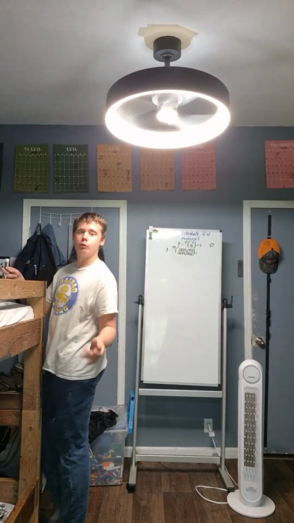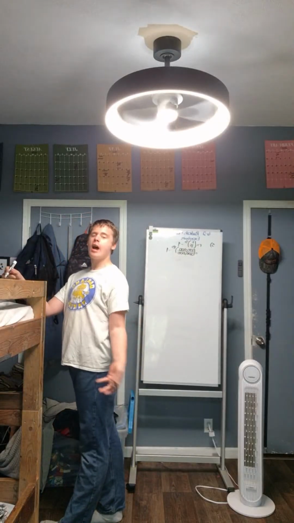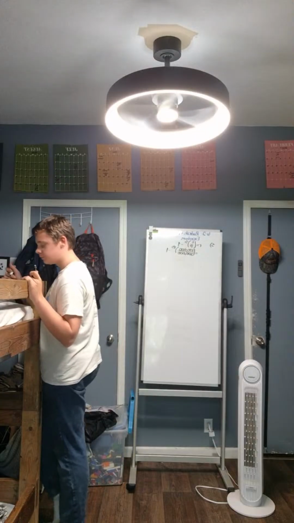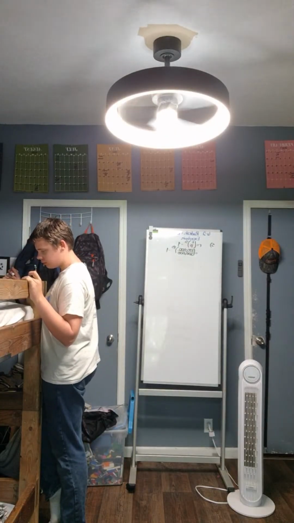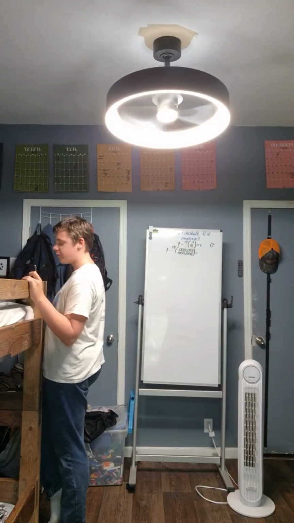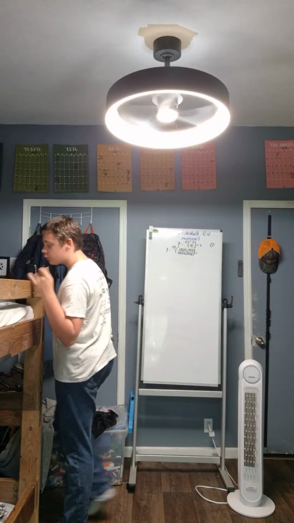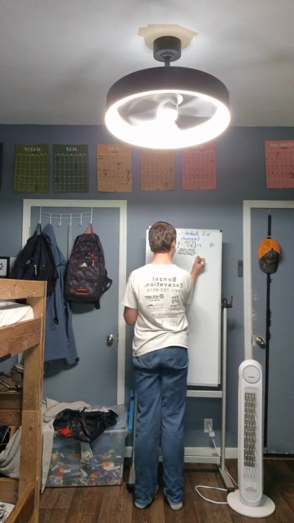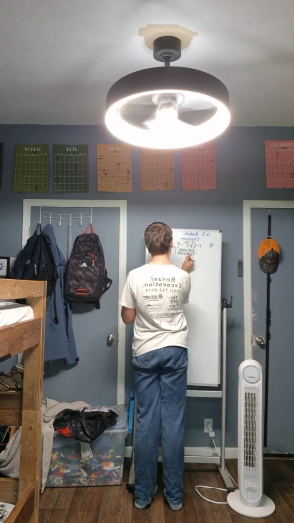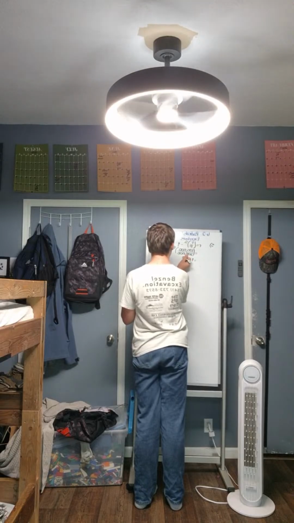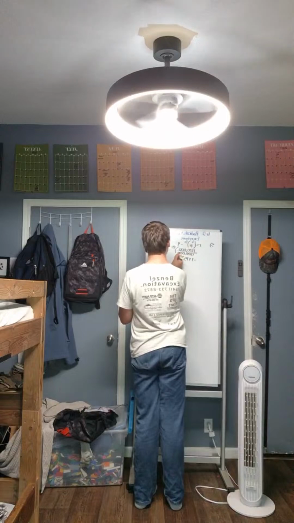That seems a lot for a house. A single house. So now we're going to divide. It's equal to 1.175, raised to the power of 1 divided by 5, minus 1.